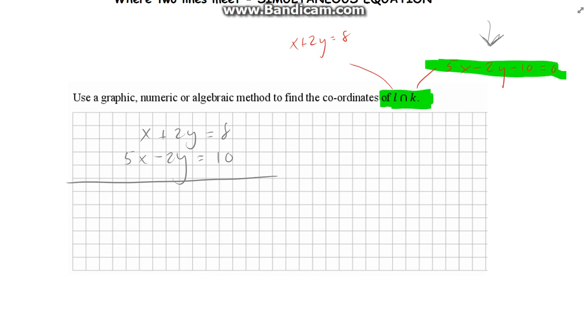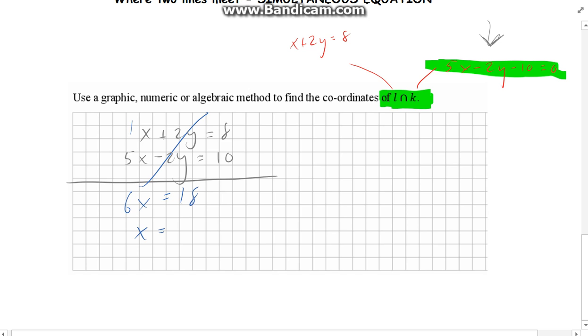Either your x's or y's have to have different signs and be the same number. It's actually quite an easy one because the y's are both 2 and they have different signs, so we can get rid of them straight away. Because plus 2y minus 2y gives us 0y, that's why we can cross it out. Then we'll have x, which is just 1x, so 1x and 5x give us 6x, and 8 and 10 give us 18.